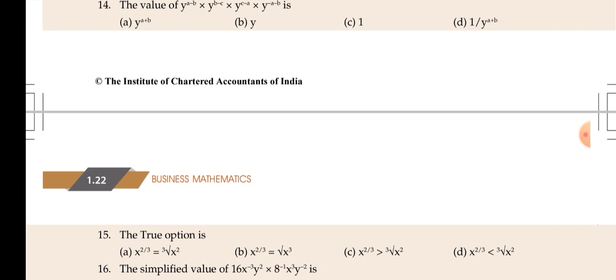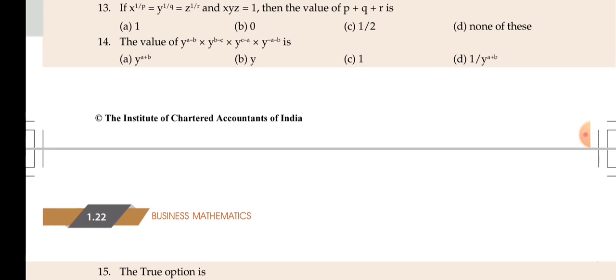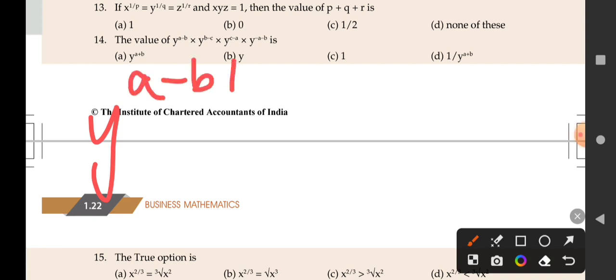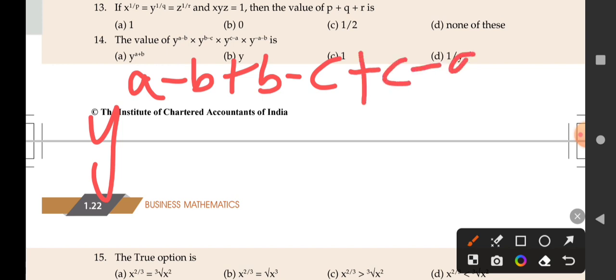Let's see question number 14. Okay, simplify. It's going to be very simple. y whole power a minus b minus c plus c minus a, okay, it is minus a minus b.